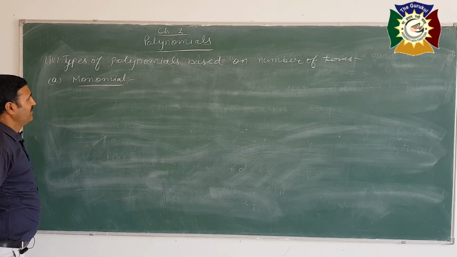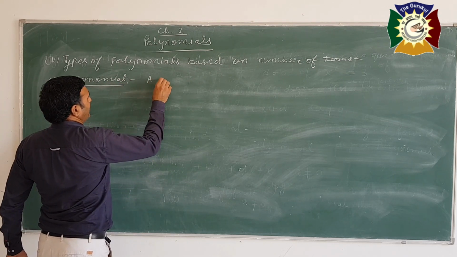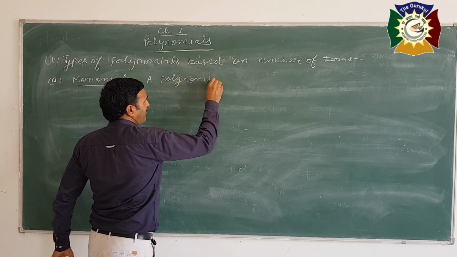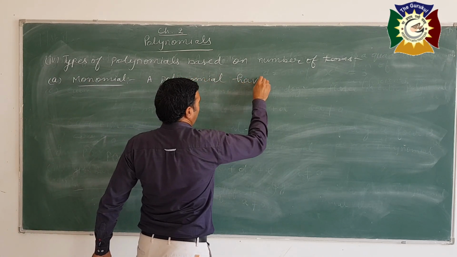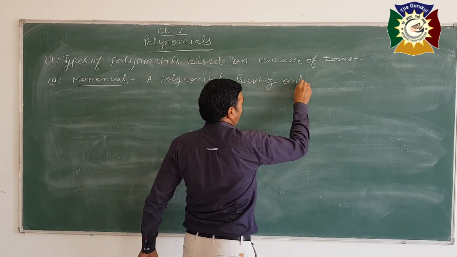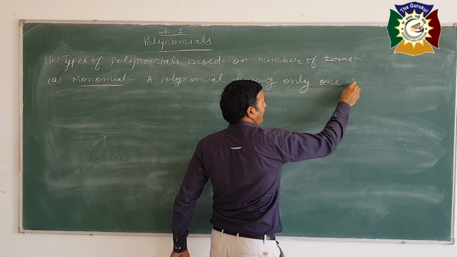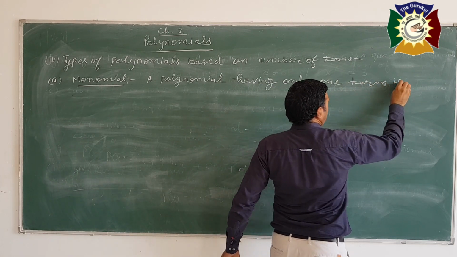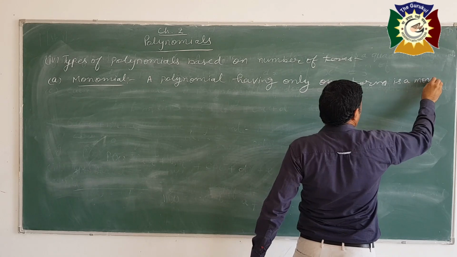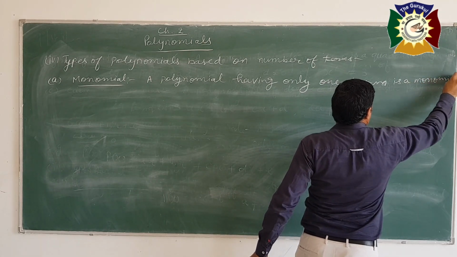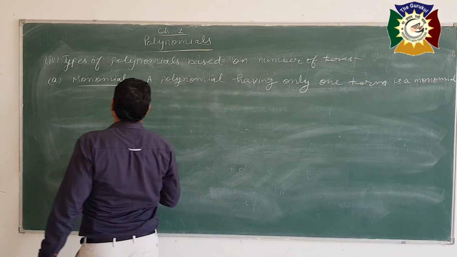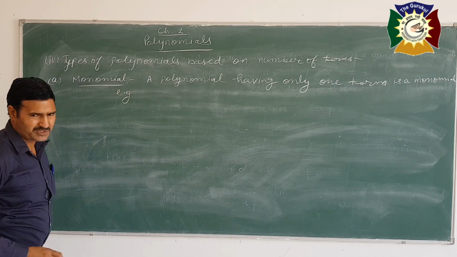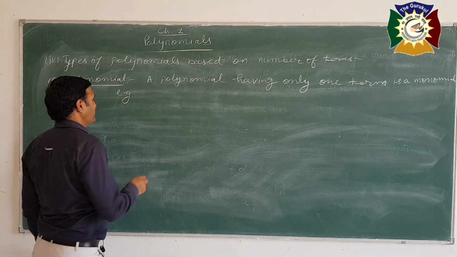What is a monomial? A polynomial having only one term is a monomial. Example for this, as I told you, the number of terms are important, but the degree of the polynomial is not important in this.